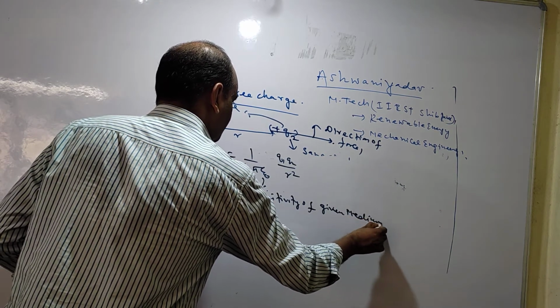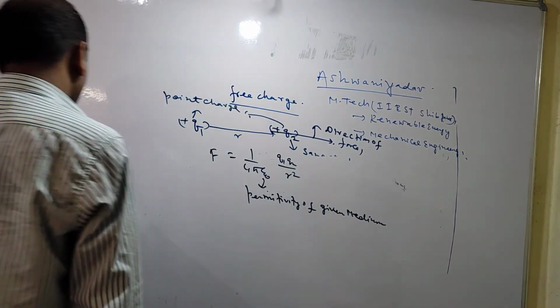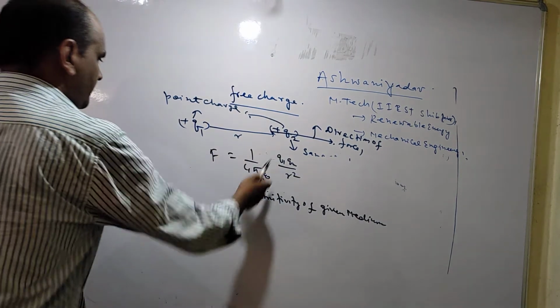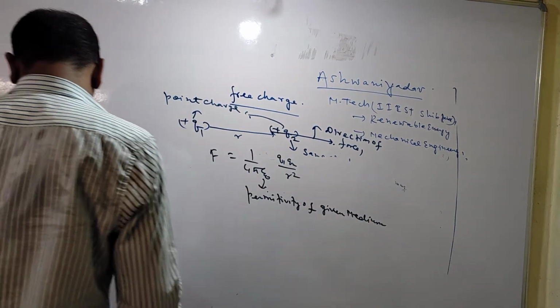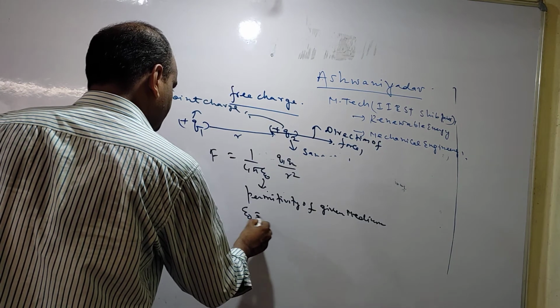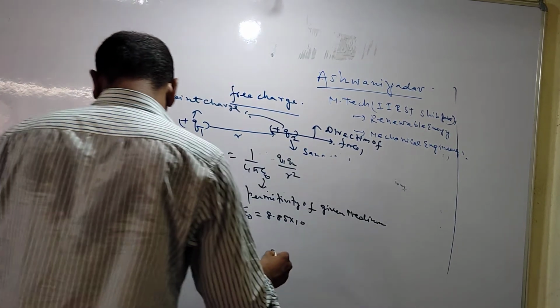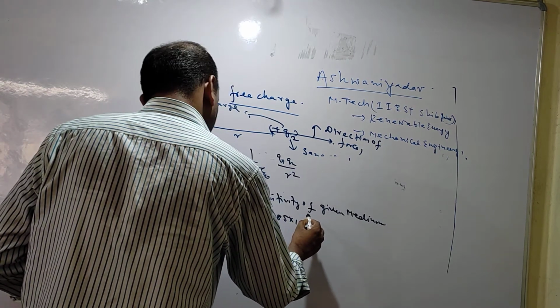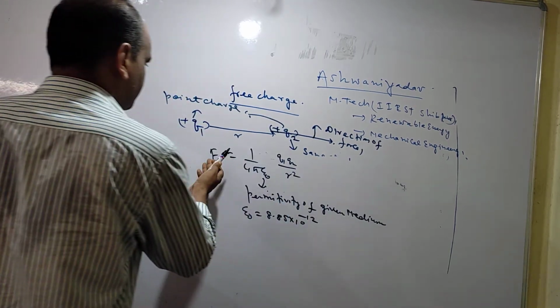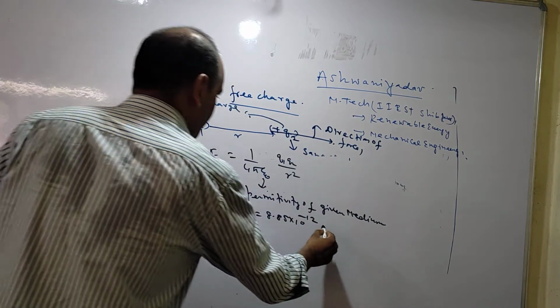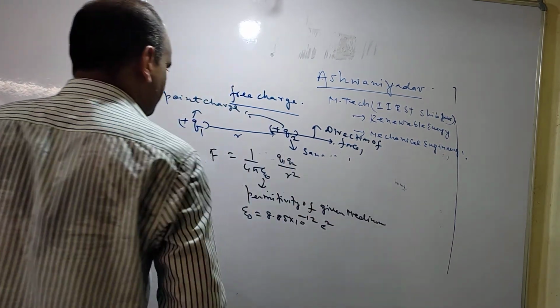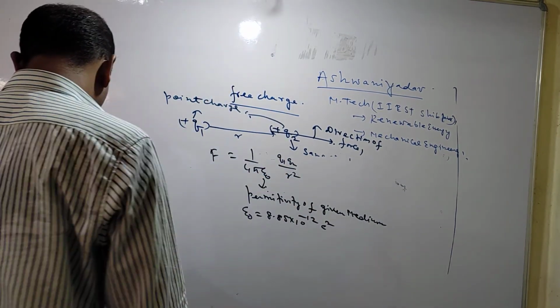You can consider here vacuum or air, and this value is nothing but 8.85 into 10 to the power minus 12, in coulomb square per newton meter square, taken from the dimension of the charge.